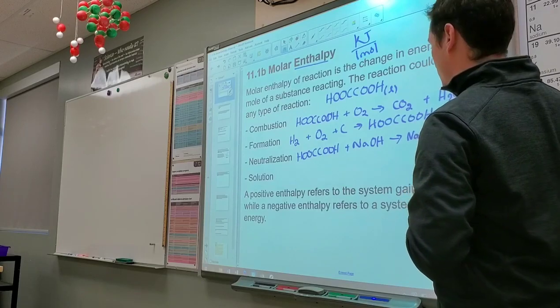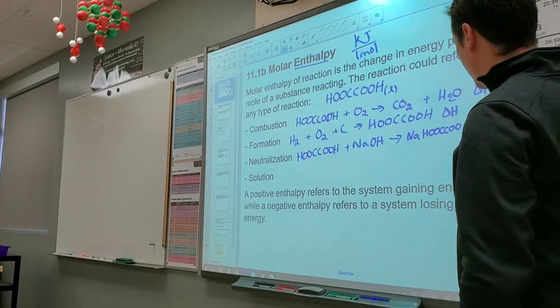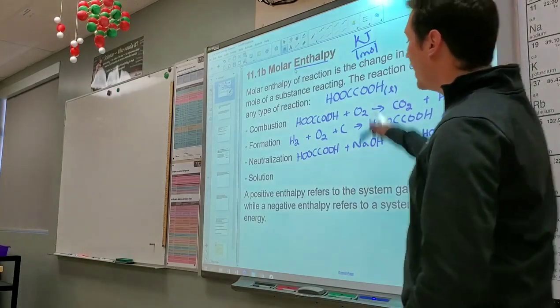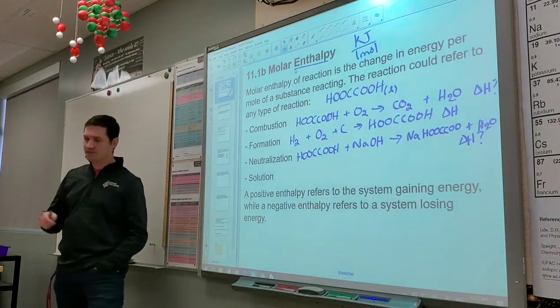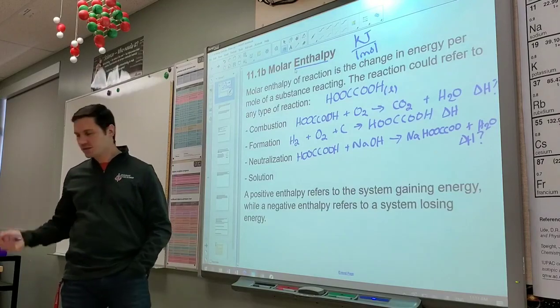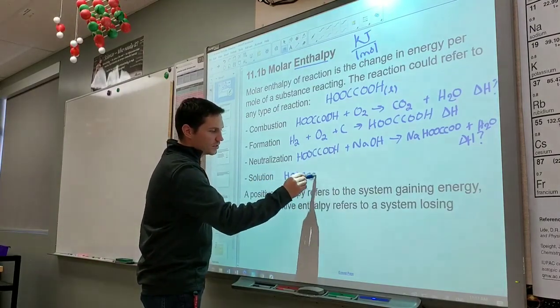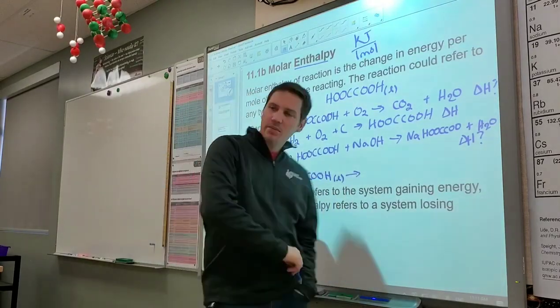NaHOOCCOO plus water is going to have a very specific delta H. And the enthalpy of solution is when I take a pure substance and make a solution out of it. HOOCCOOH liquid: how do I make a solution out of this?